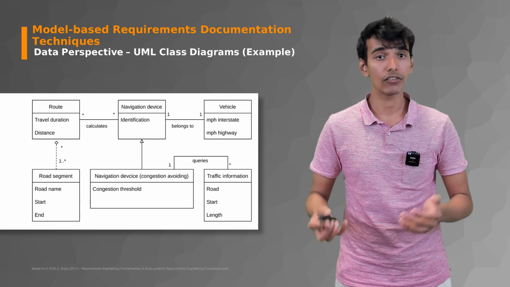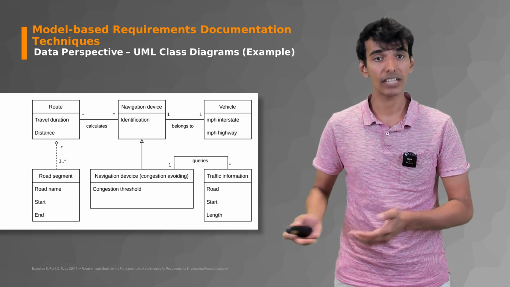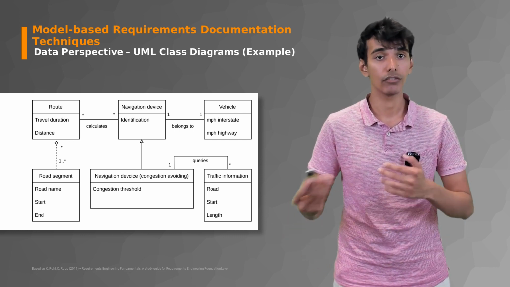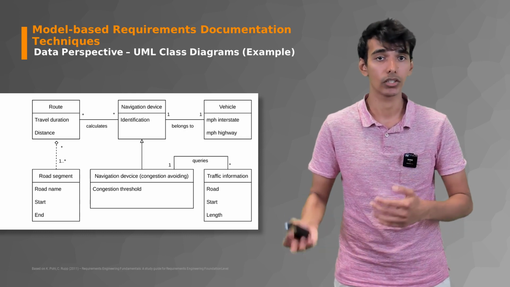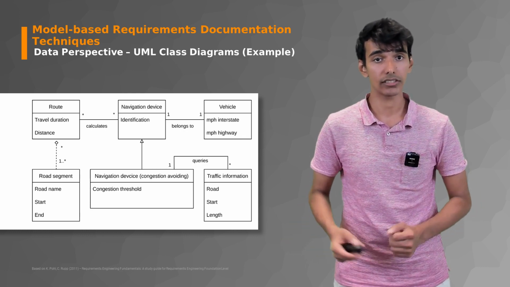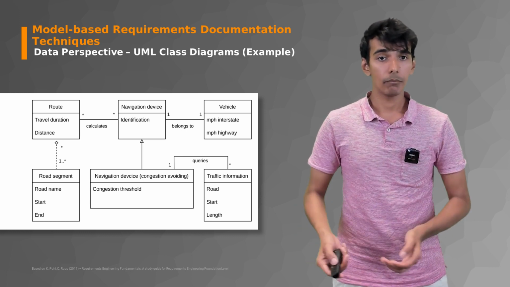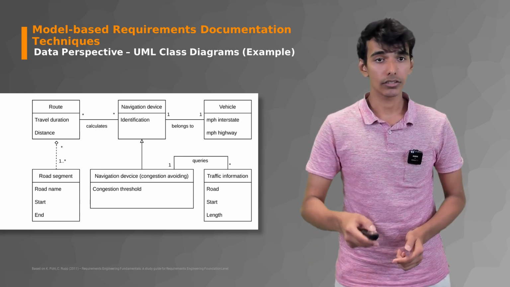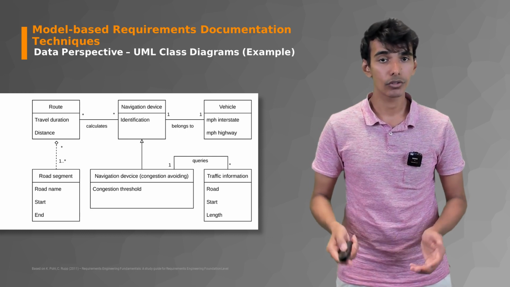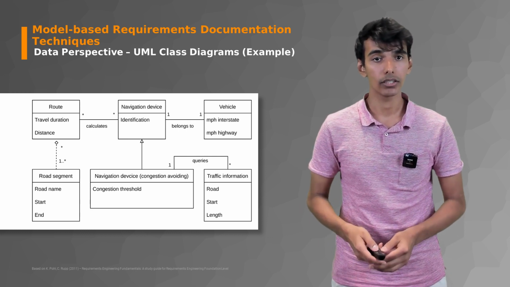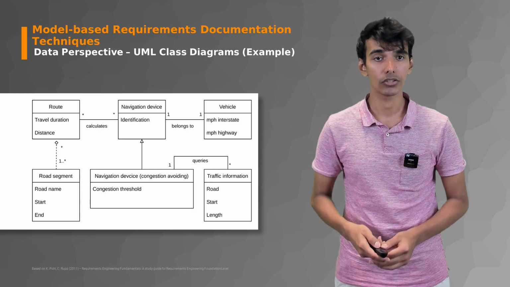The navigation device belongs to a vehicle, and there is a one-to-one correspondence between a vehicle and a navigation device. You cannot have a vehicle with more than one navigation device in this scenario. And this example goes on and on. A lot of the aspects here are the same as before, so it doesn't really have to be iterated. It's a pretty self-explanatory diagram.